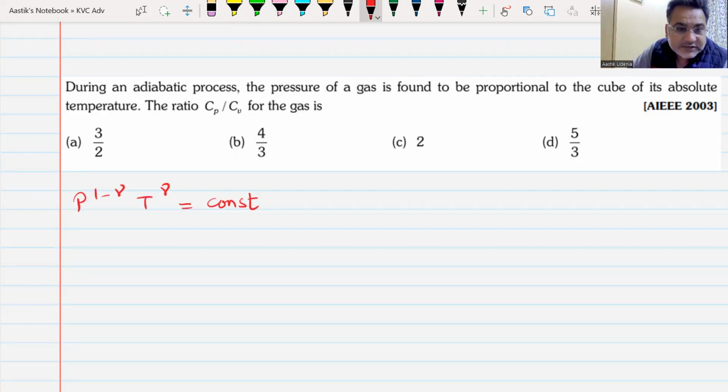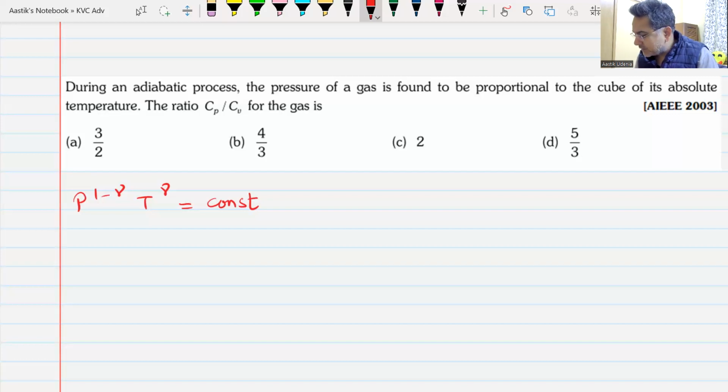Now, from this relation, what can you get? Sir, either the equation is wrong or the comparison you have given is wrong, sir.